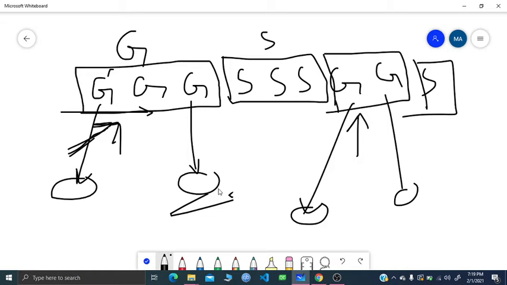Let's say, for general purpose, we have two groups of G. Now if there are two groups of G, we will try to find out if there are any silvers between them.